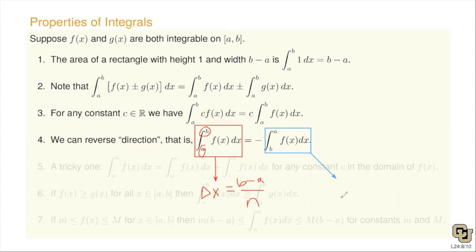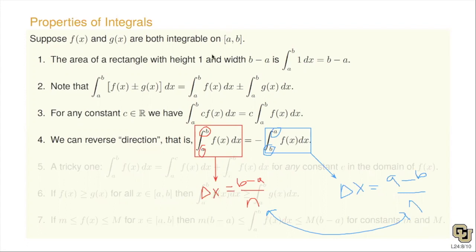However, here delta x will be calculated, again using the same formula, by taking the top bound minus the bottom bound. Here, this will be a minus b over n. And you can see it's different. It differs from the delta x on the left-hand side by a minus sign.